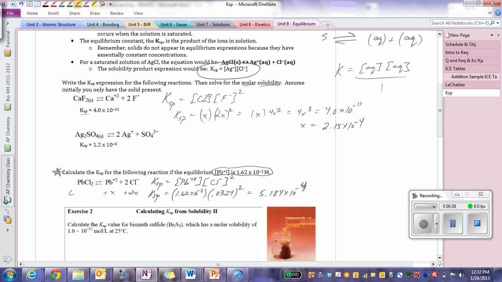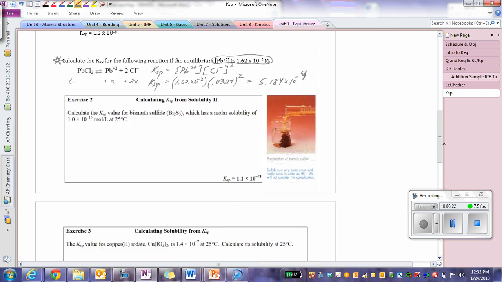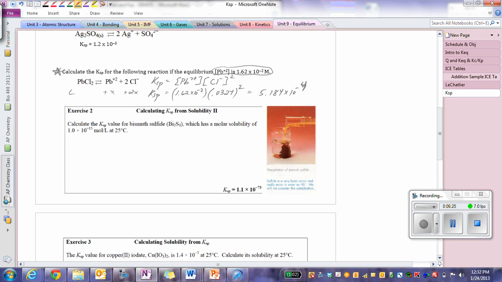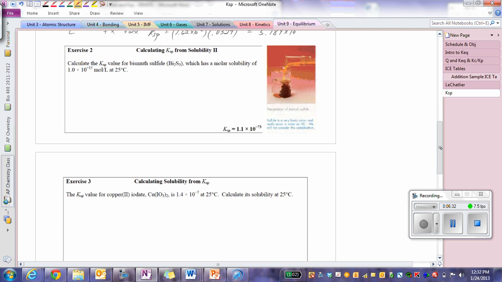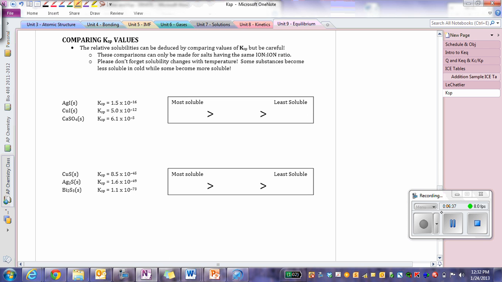There's a couple more example problems there. The one thing you can use KSP for is to compare the solubility of different substances to one another. I'll come back to these two problems in a second. If we compare KSP values, we can decide whether a substance is more soluble or less soluble than another by looking at the equilibrium constant.